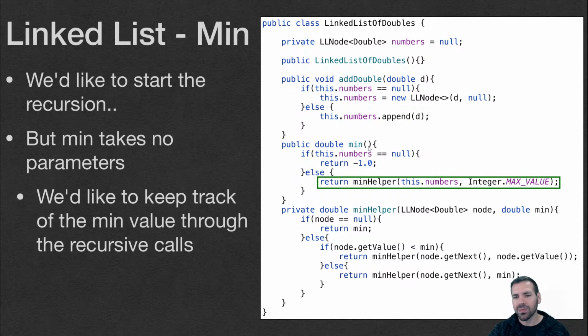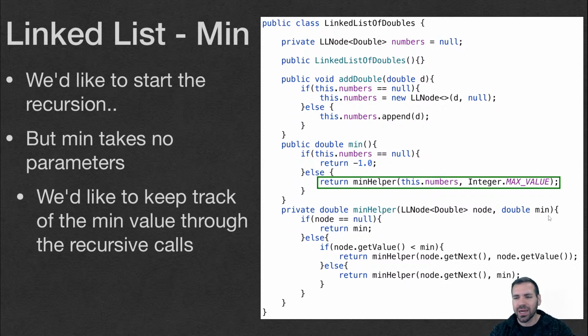When we're writing the method that we have to have, we're going to have it call the helper method with the initial values for those parameters. In this case, the first node that I want to visit, I'm going to have a parameter to keep track of which node I'm visiting. I'm going to start at the head of the list, which is this.numbers, the instance variable.